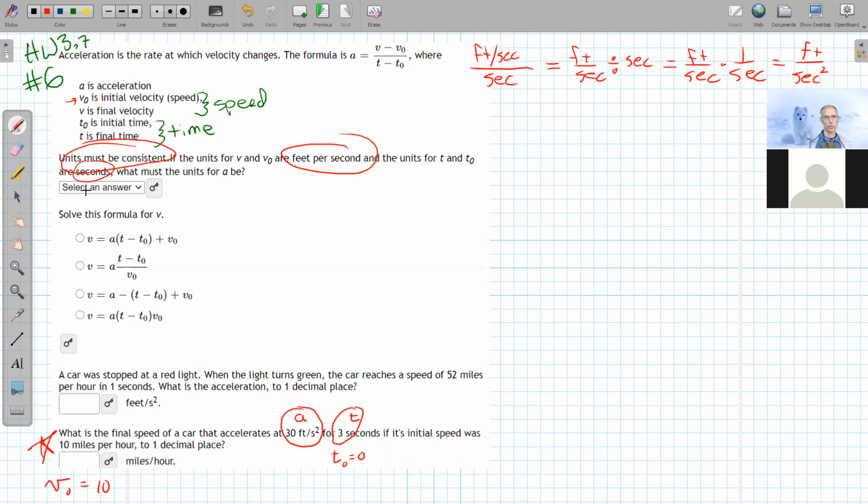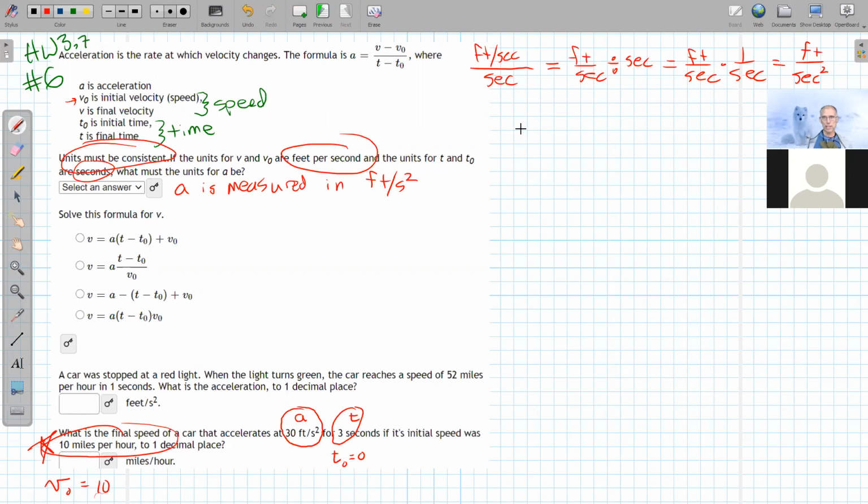And so the response here should have been A is measured in feet per second squared. And I do have the correct units for A. I do not have the correct units for V. So that means I can't use the formula yet.